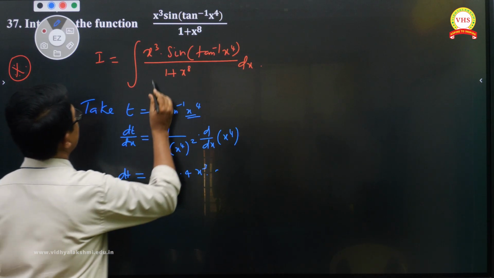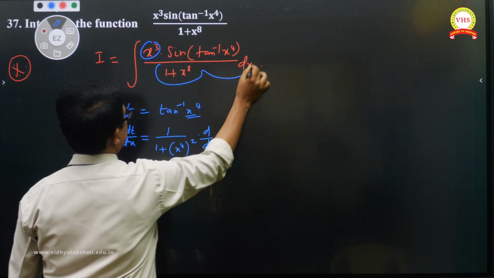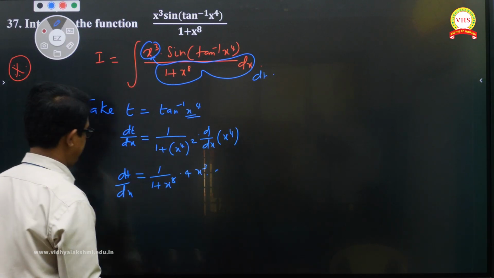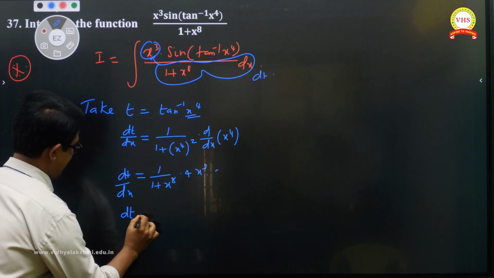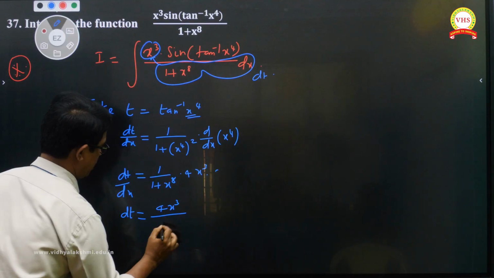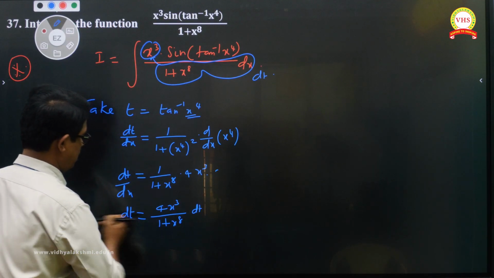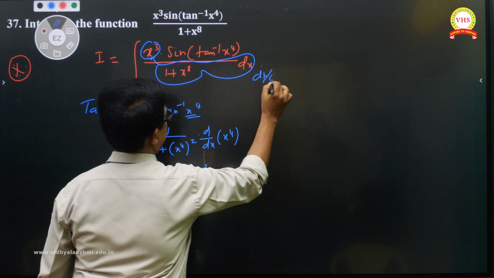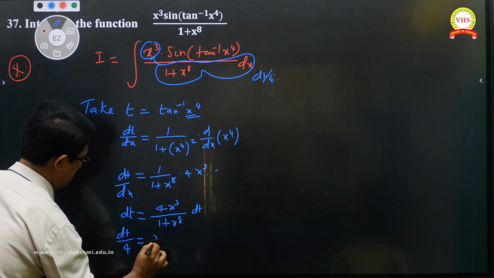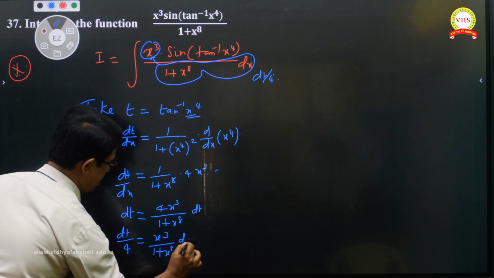I need only the x cube terms. Totally these terms, including the rest, become dt in terms of t. Now dt equals 4x cube by (1 plus x power 8) into dx. Taking 4 to the left side, dt divided by 4 equals x cube by (1 plus x power 8) into dx.